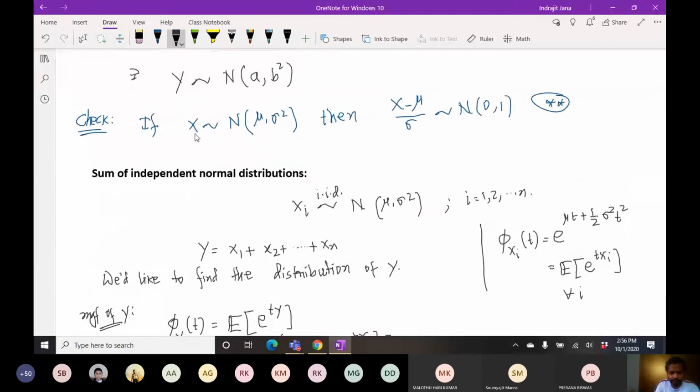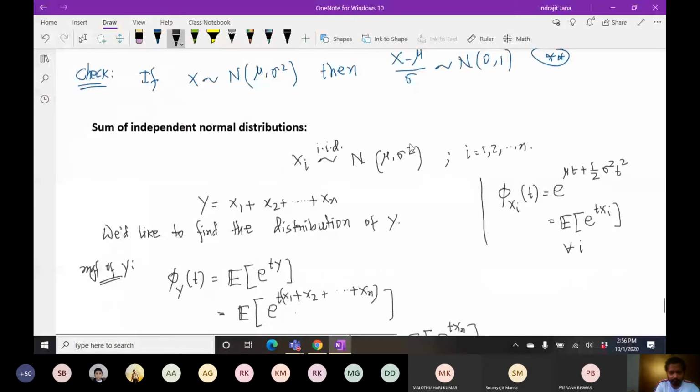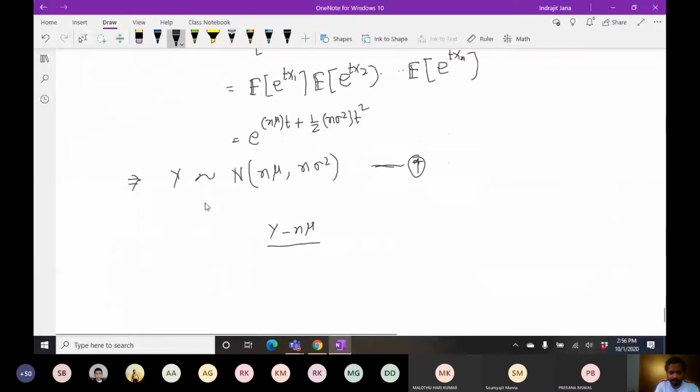It says that x minus mu divided by the square root of the variance, so if the variance is sigma square, divided by sigma, that will follow normal zero one. So here y is following normal n mu and variance n sigma square. If I divide by the square root of the variance, which is sigma square root of n, this will have exactly normal zero one distribution.